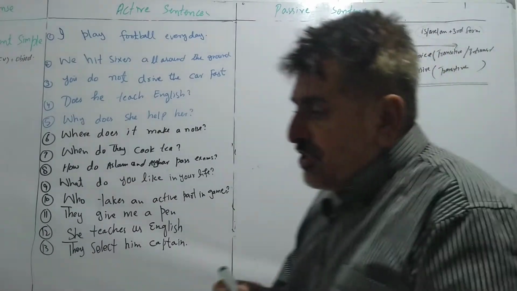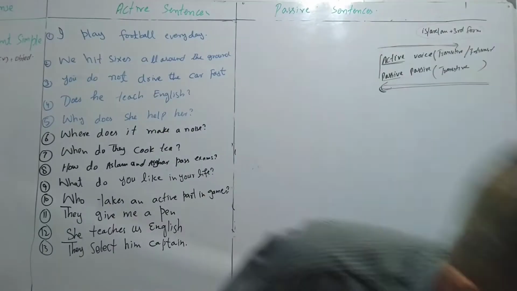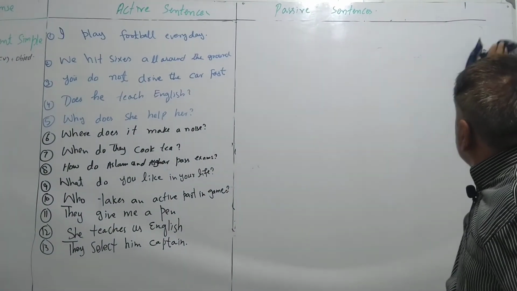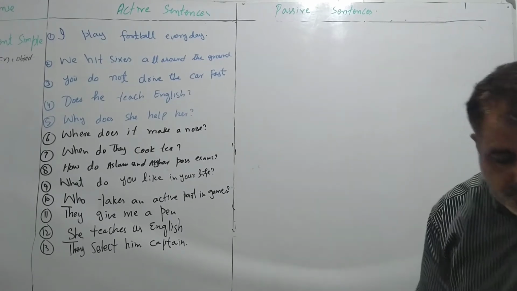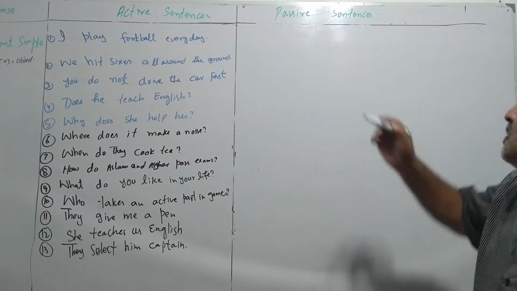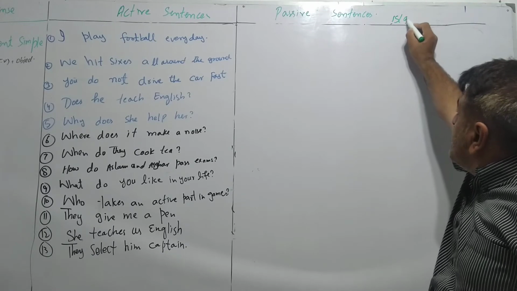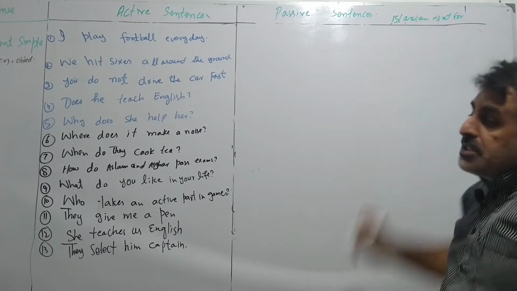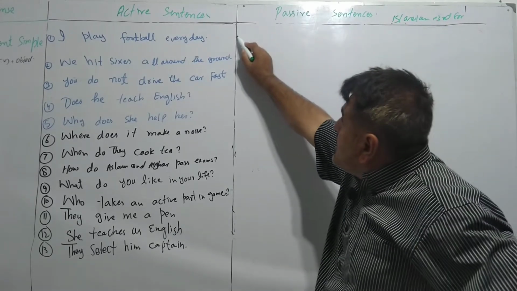Suppose I want to change these. Now the formula should be in your mind. The formula is is, am, or are plus the third form. This is important. Now I have the first sentence.